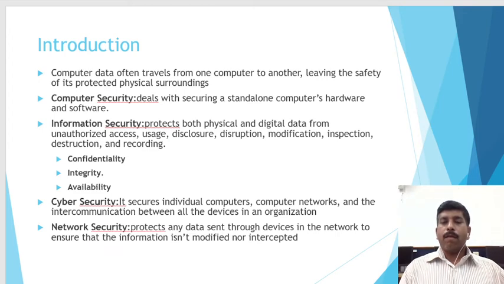Computer data often travels from one computer to another, leaving the safety of its protected physical surroundings. Once the data is out of hand, people with bad intention could modify or forge your data. It may be for amusement or for their own benefit.